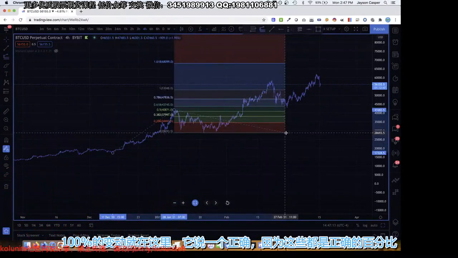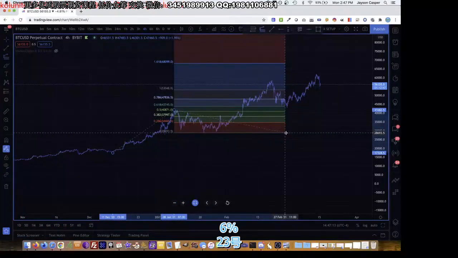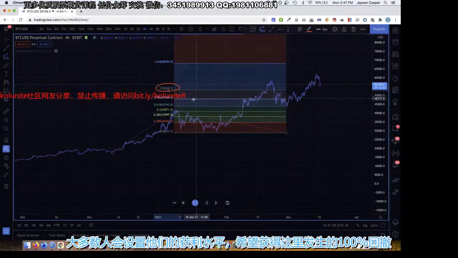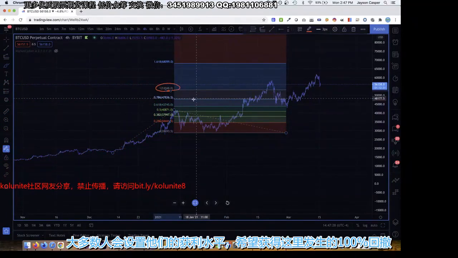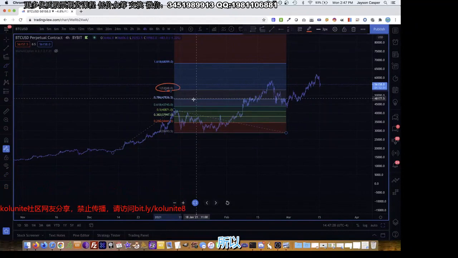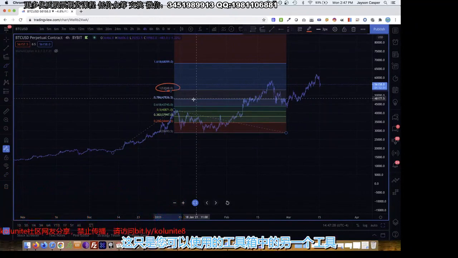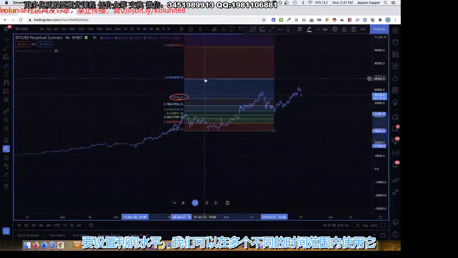Because these are all percentages: the 23.6%, the 38.2%, the 50%, the 61.8%, the 78.6%, the 100%. Most people will set their take profit level looking to get 100% of the retracement move that happened here. So this is just another tool in your toolbox that you can use to set take profit levels.